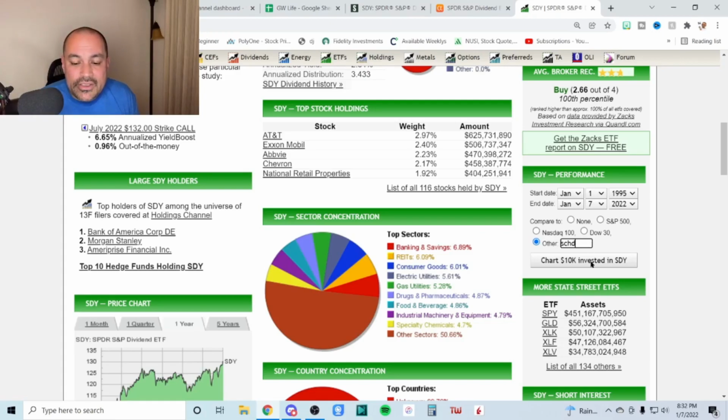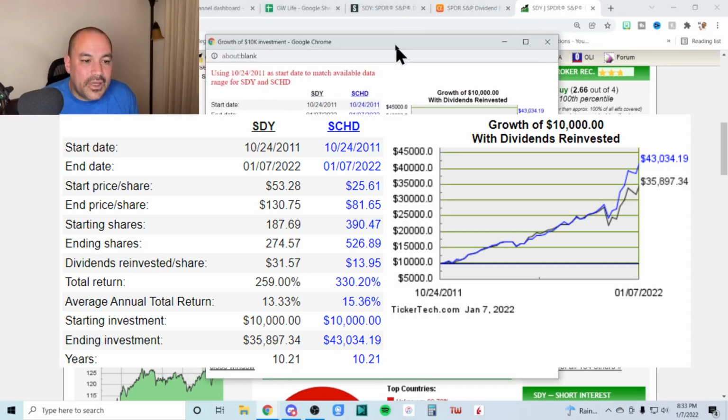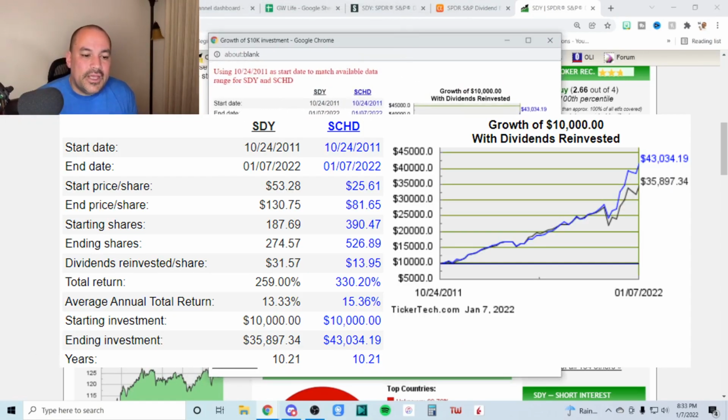We'll click on that, let that populate, and we'll see SDY gave you, since 2011, a respectable annual return of 13.3% compared to SCHD's 15.3%. Like I said, I believe that's mainly a cause of SDY's weighting in tech being so low. But otherwise, very solid ETF.